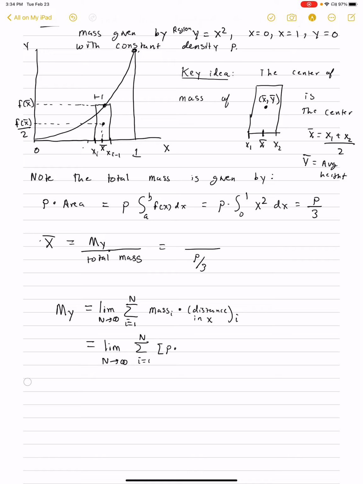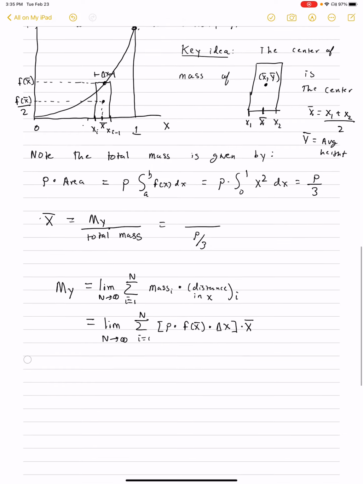There's one more dimension we have, which is delta x, the width of the rectangle. So the mass is the density times the area, and the area is f of x bar multiplied by delta x. The distance in the x-axis is nothing more than x bar. After all, that's the distance from 0. That's the center; we're treating it as a point.